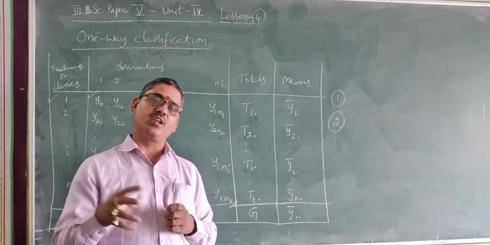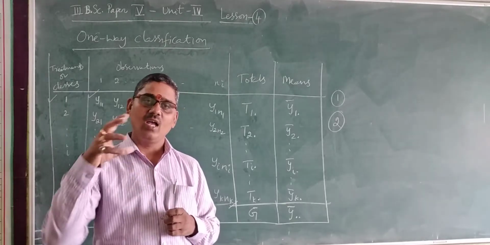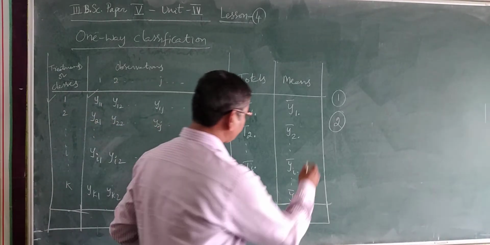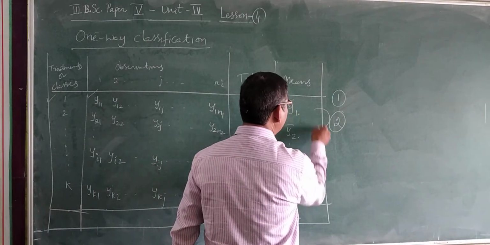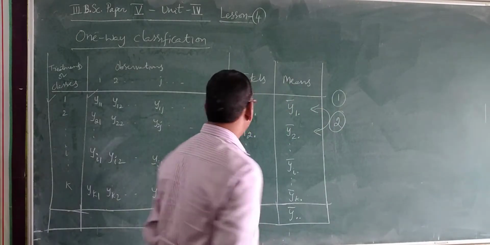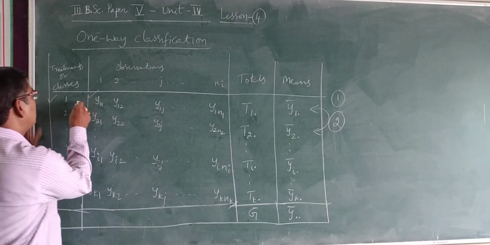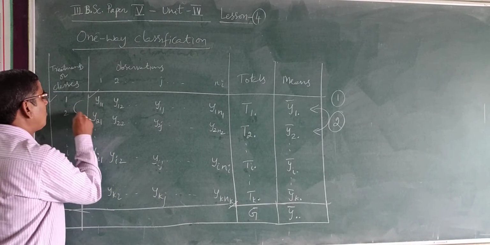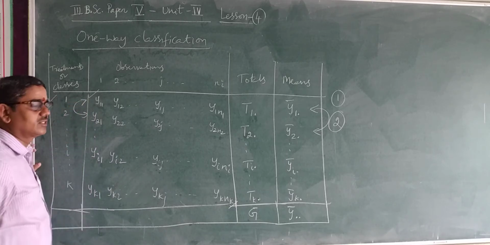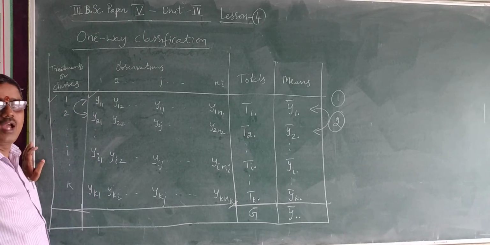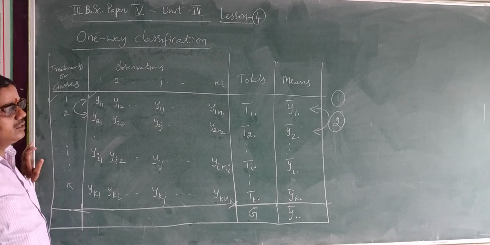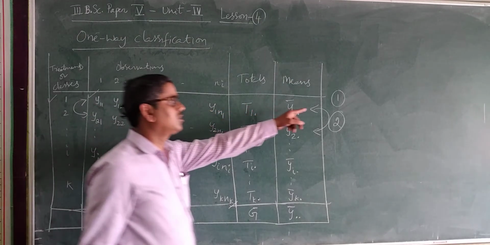These can be observed from treatment to treatment, that is, between the classes. This is class 1, this is class 2. This kind of variation is observed from one class to another class. I will explain in another class in detail.